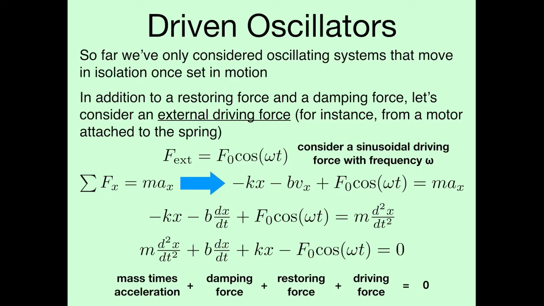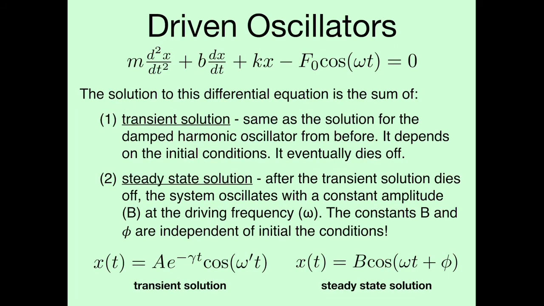So if we want to understand how a driven oscillator moves, we need to solve this differential equation. Fortunately, we're not going to go through how to solve this equation. I'm just going to tell you how it works out, because the math gets a little complicated, and to really understand it, you need to take a course in differential equations. So I'll just tell you the result.